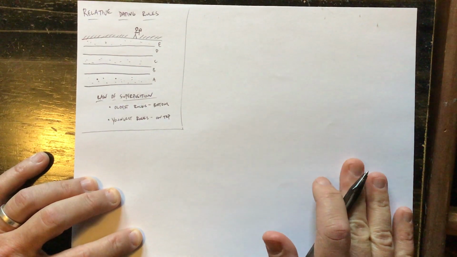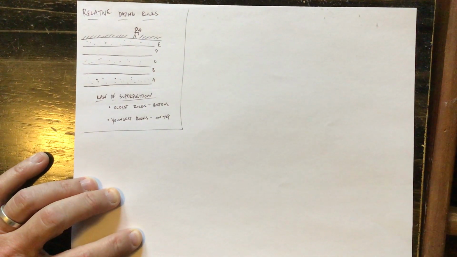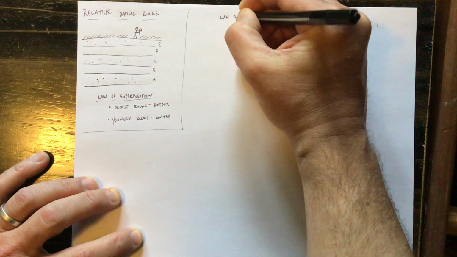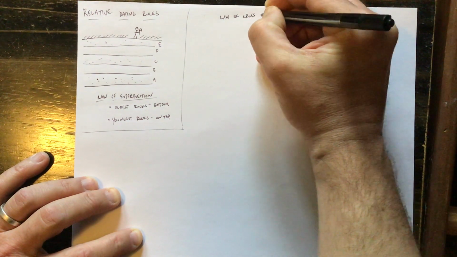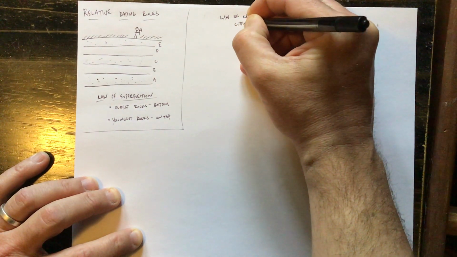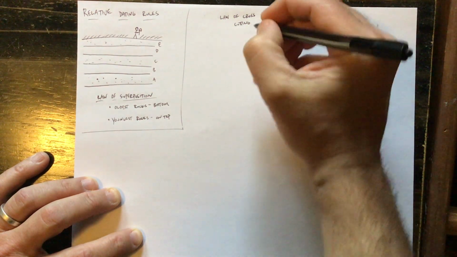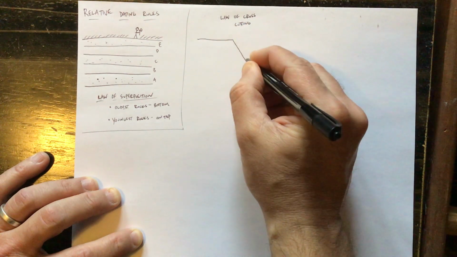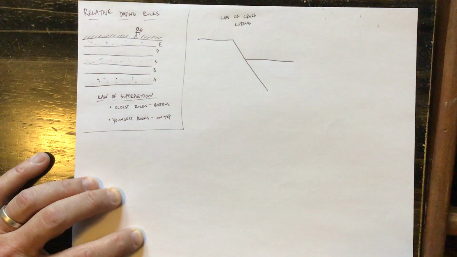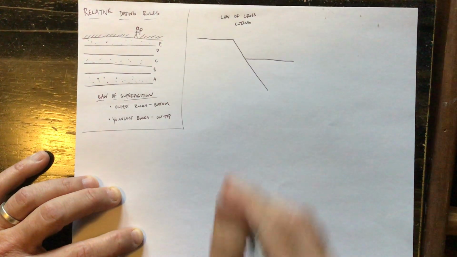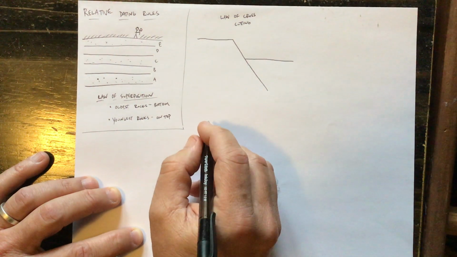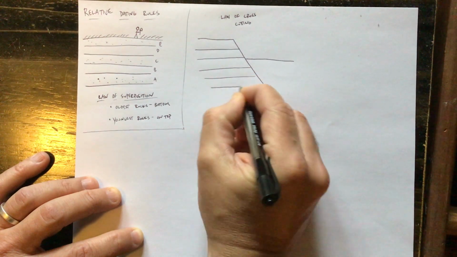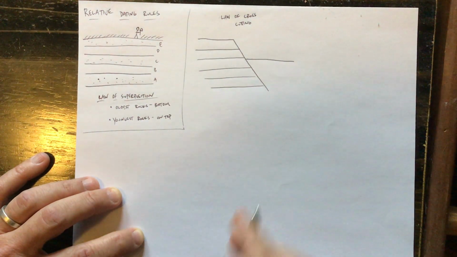The second relative dating rule that I want you to be considering is something called the law of cross-cutting. So in this situation, you have perhaps a fault and some layers of sedimentary rock.